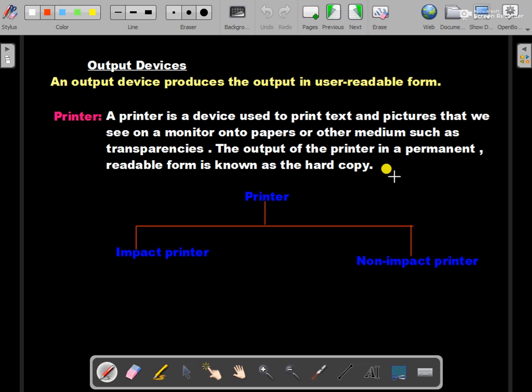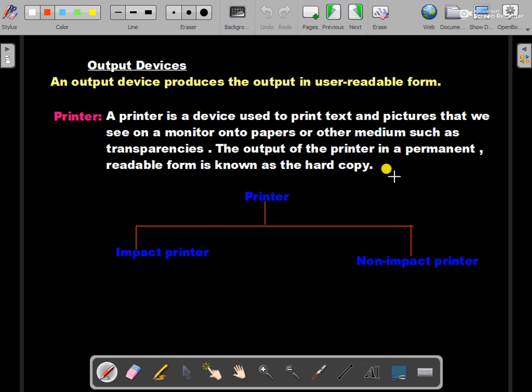The output of the printer in a permanent readable form is known as the hard copy. Printers vary in size, speed, cost and quality of printing.